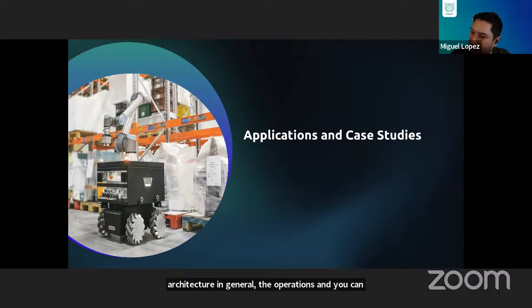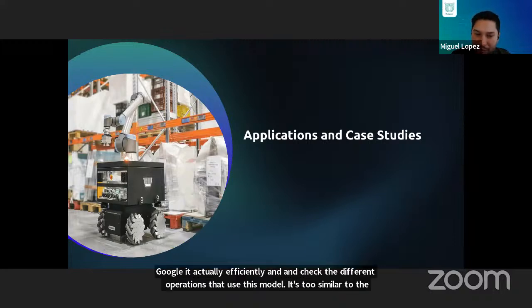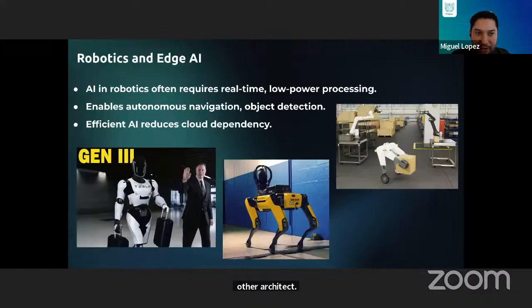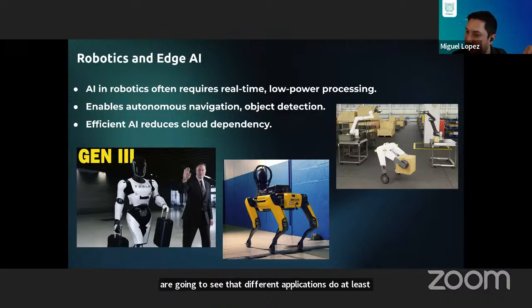And well, applications and case studies. We are going to see the different applications nowadays. As we mentioned before, robotics and AI in general already exist. This one is a new, very cool one from Elon Musk, Tesla, and the company. We have this one from Boston Dynamics, and this one, if I'm not wrong, from NVIDIA.